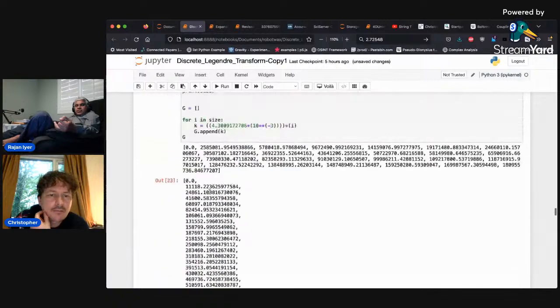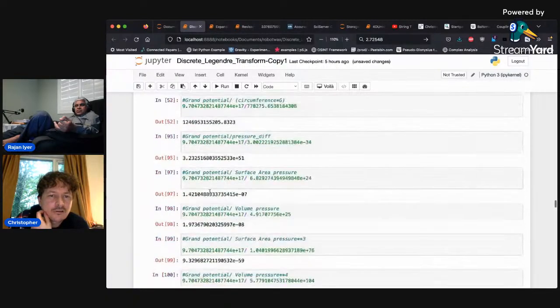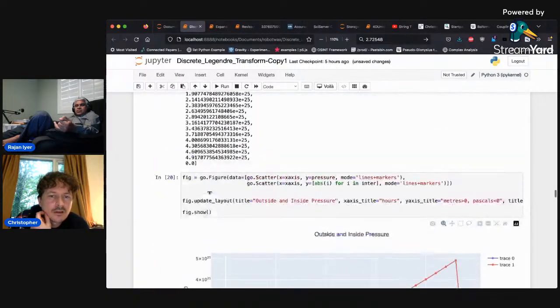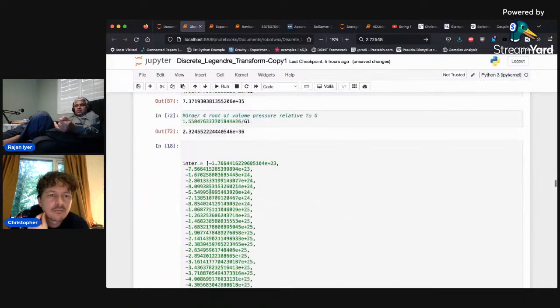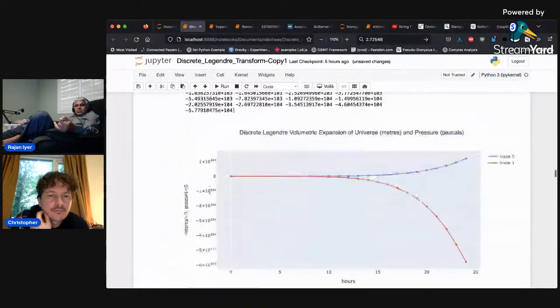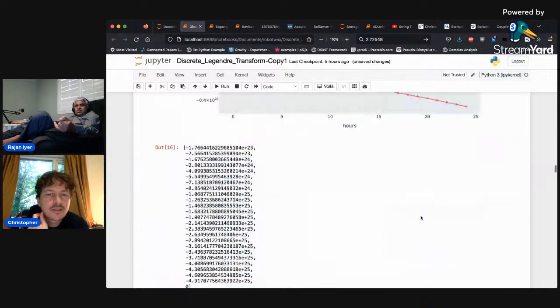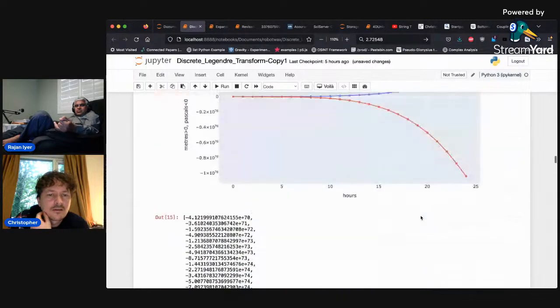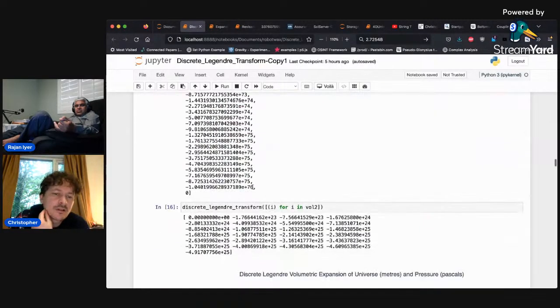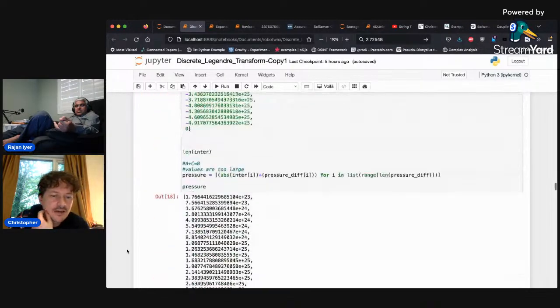Let's go up here and grab the pressure that we had. Ignore that one. So this is the volumetric pressure, so we'll take this one first. This is quite big. This is the surface area pressure.